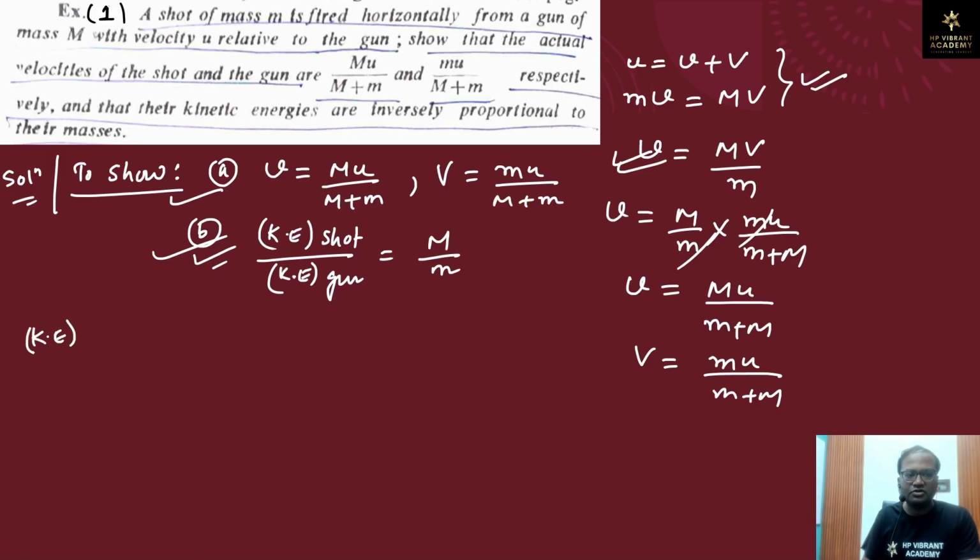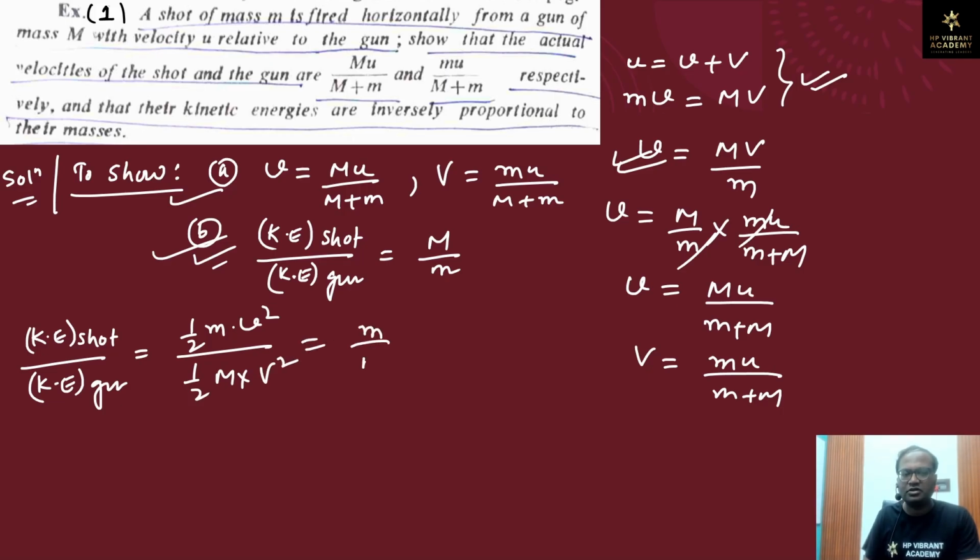Kinetic energy of shot upon kinetic energy of gun is equal to half into small m into small v square upon half of capital M into capital V square. This is equal to small m upon capital M into v square upon V square, and we substitute the values.